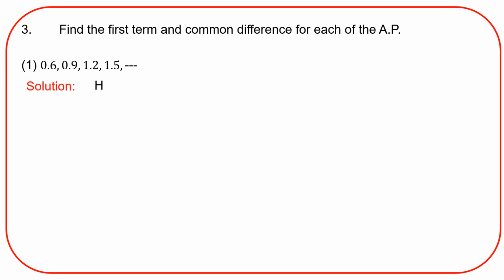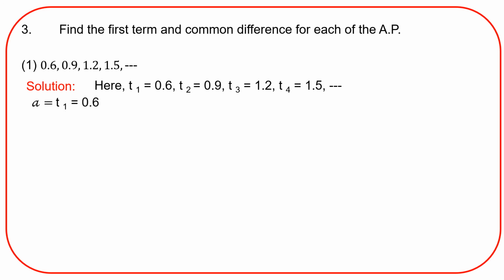Here T1 is equal to 0.6, T2 is equal to 0.9, T3 is equal to 1.2, T4 is equal to 1.5, and so on. First term, that is A is equal to T1 is equal to 0.6.